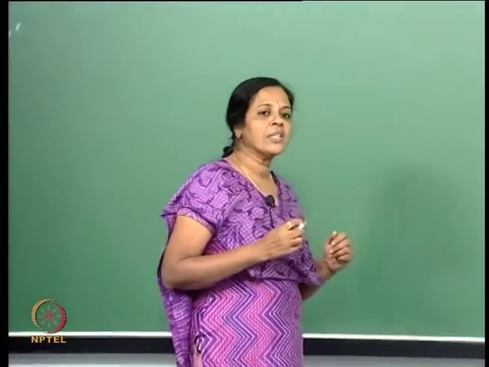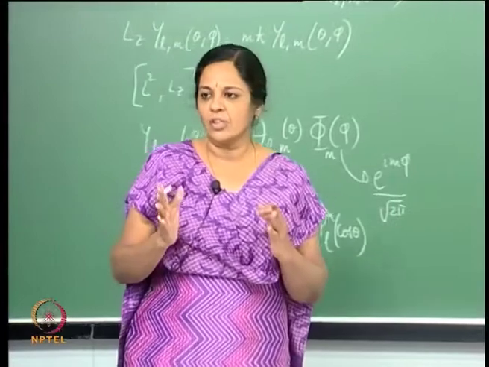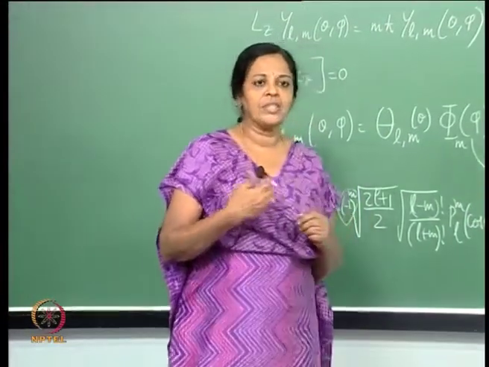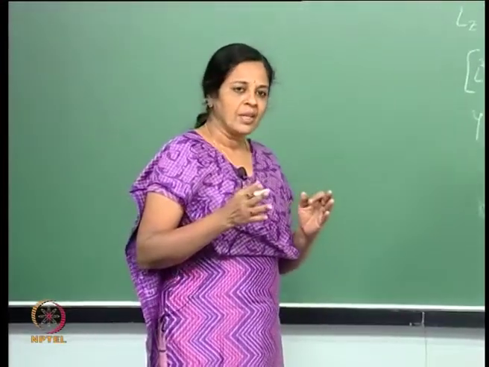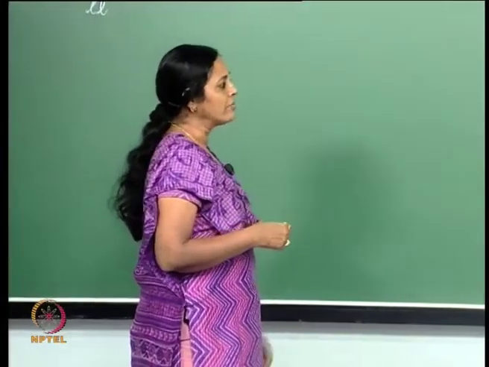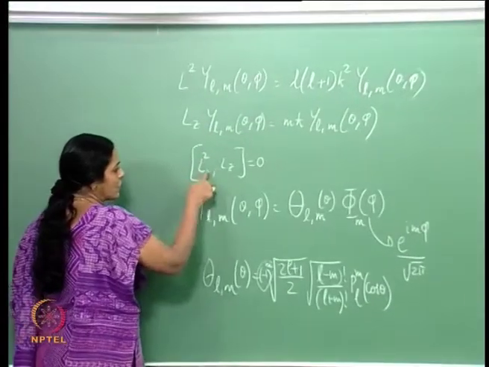So, what we have really seen is this, that in a problem where the potential is a central potential, it is merely a function of r and not a function of theta and phi, you could work in spherical polar coordinates and separate variables, get the angular wave function, which is really an eigenfunction, a common eigenfunction of L squared and Lz.